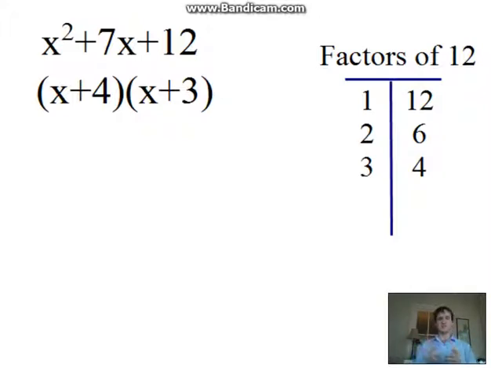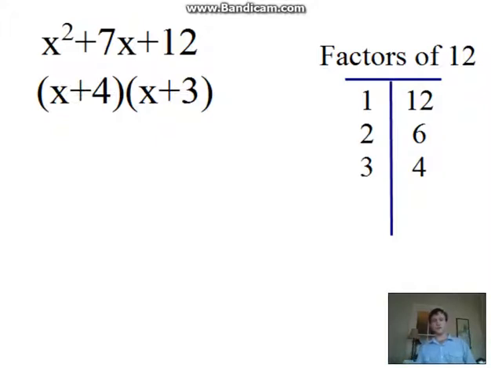Now let's think a moment about why that technique worked. If you're familiar with multiplying linear equations like these, x plus 4 is a linear equation, so is x plus 3, then you'll know that each term in the first multiplies by each term in the second.